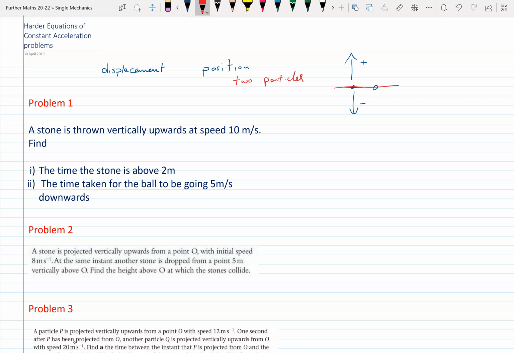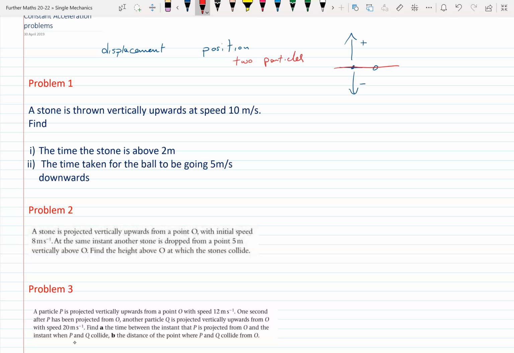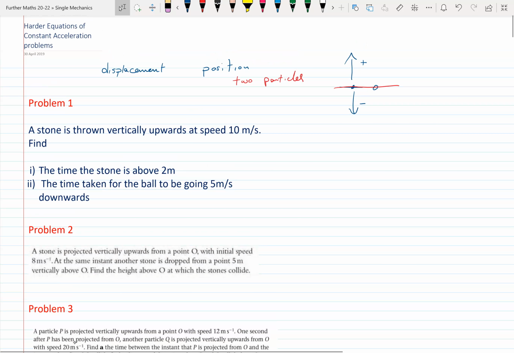Problem 2 we're going to do in a moment. Problem 3 also involves two particles, but this time they take off at different times, not different places. The first problem is much more about making sure we understand what we mean by displacement. Okay, so let's do the first problem.